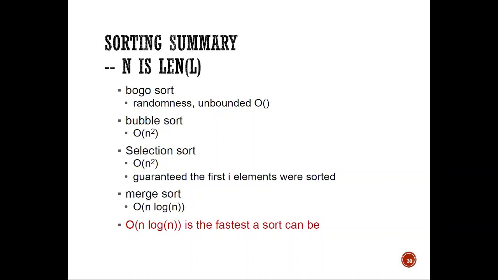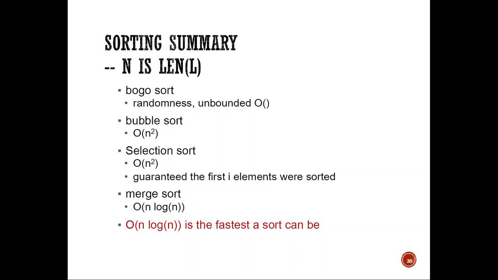So as a summary, we discussed 4 different sorting algorithms. The BOGO or permutation sort, which relies on randomness and has an unbounded order of complexity. We have the bubble sort, in which we do pairwise comparisons, which we've shown to have a complexity of O(n squared).